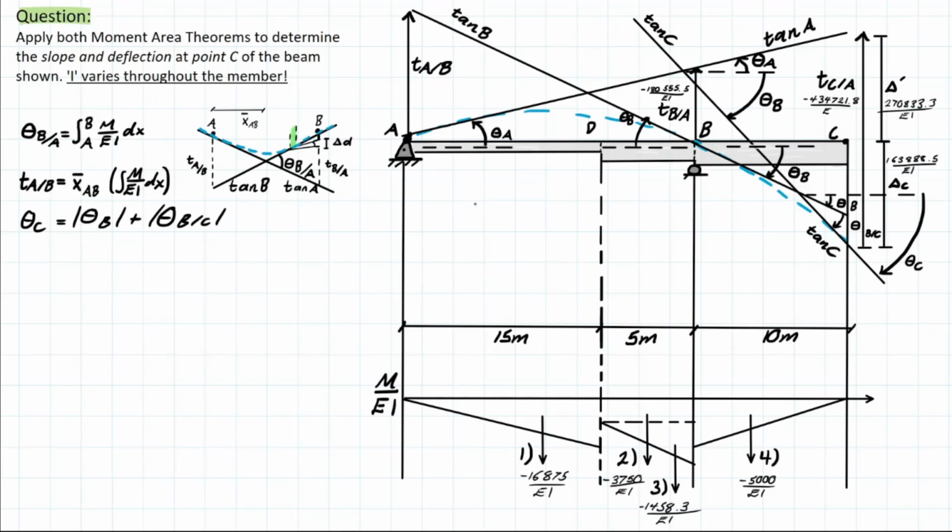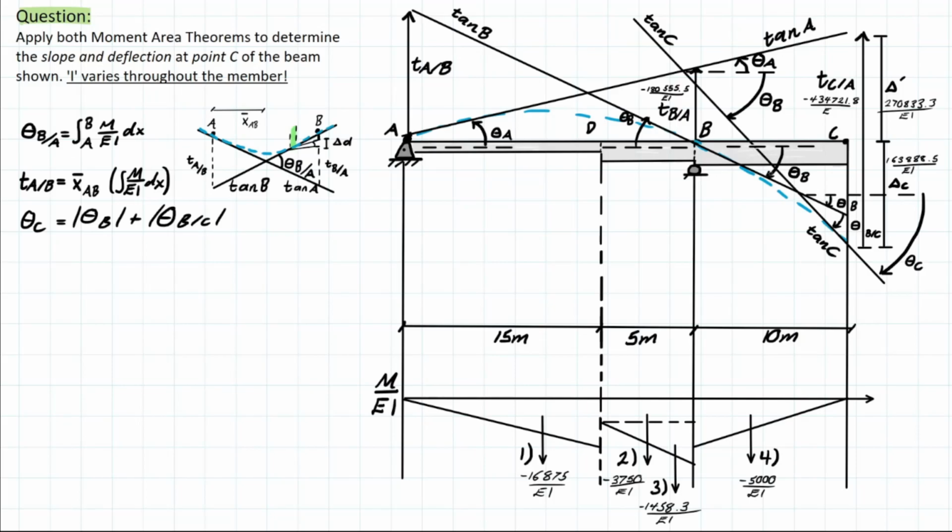Now the second part of this problem is how can we solve for these two? Theta BC will be super easy, and we can get to that using this formula here. The trickier part of this formula is figuring out what theta B is, which is why I've drawn all these relationships in order to figure out a way to solve for that. So theta B is the angle created between tangent B and the neutral axis.